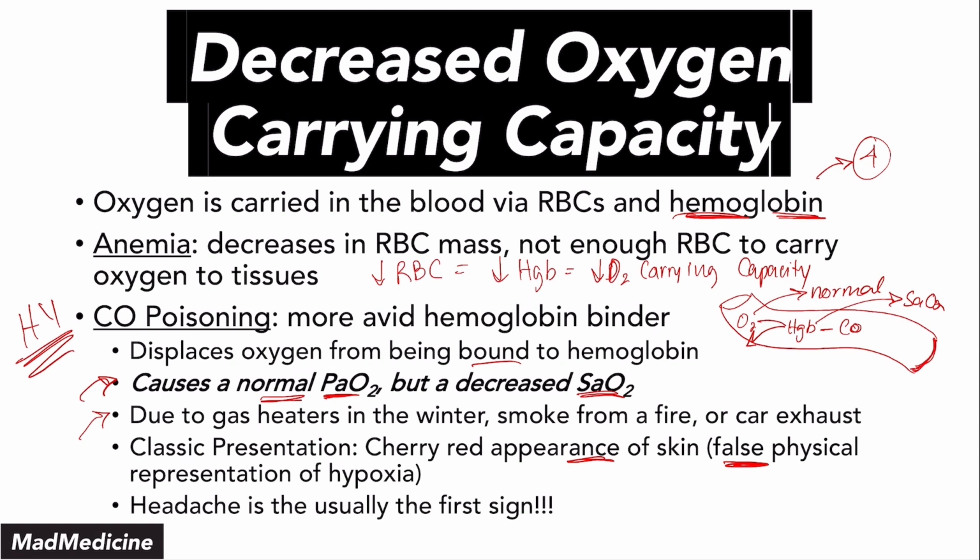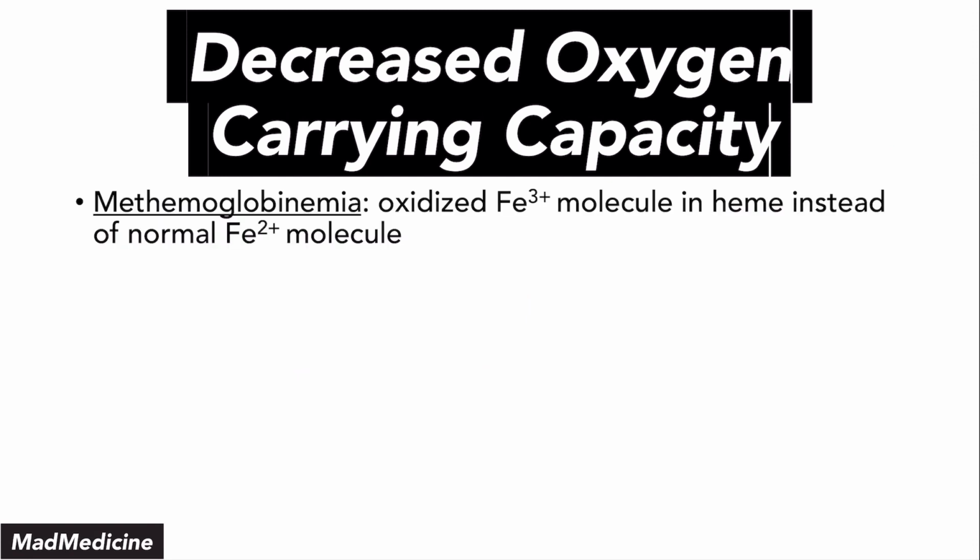The other one you need to know is methemoglobin. Methemoglobin occurs when the iron molecule, Fe2+, is oxidized to Fe3+. This is not normal. In hemoglobin, you have iron in the center, and normally it is this Fe2+ form, right?